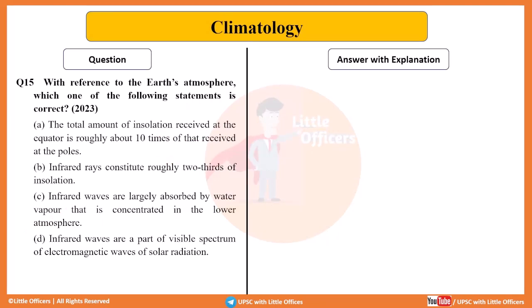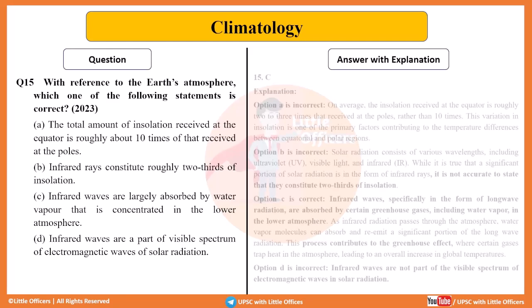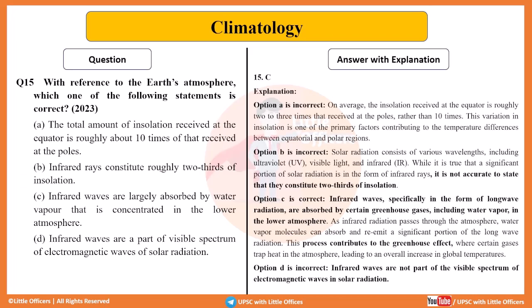Then, with reference to Earth's atmosphere, which of the following statements is correct? The total amount of insolation received at the equator is roughly about 10 times that received at the poles. See, this kind of factual information we will not be sure about, because it may or may not be 10 times. We are not exactly sure unless you get the accurate figure.